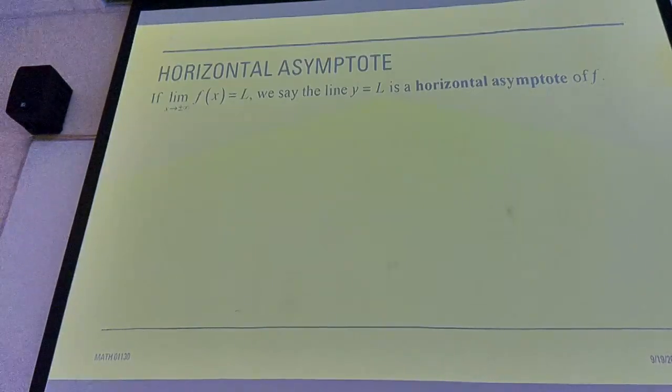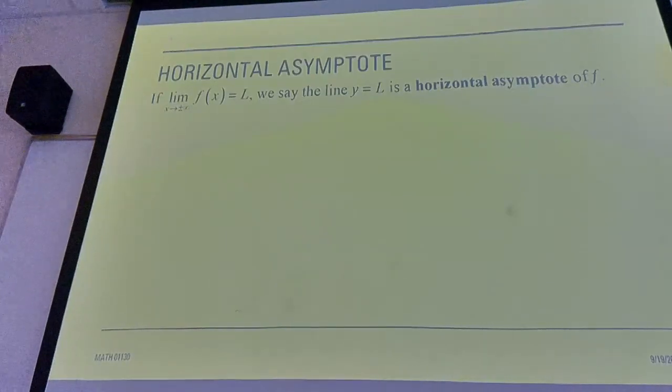You studied one other type of asymptote in pre-calc. Diagonal. Which was called what?